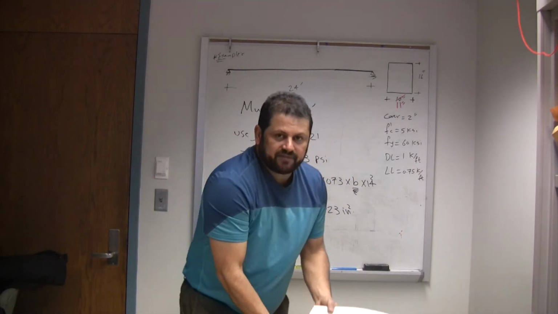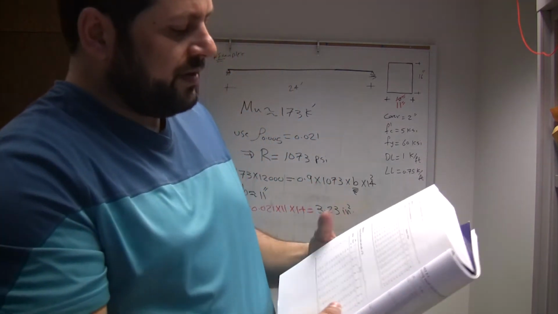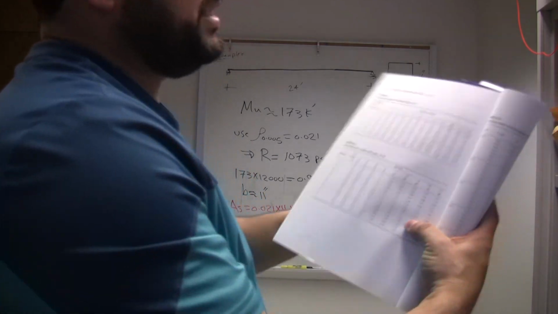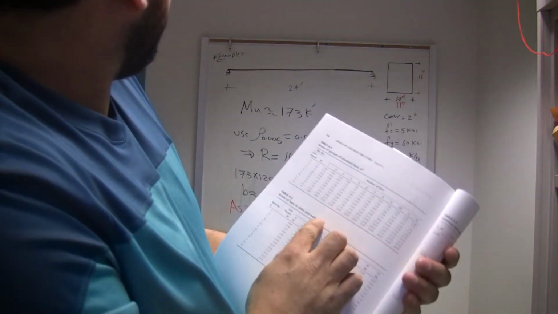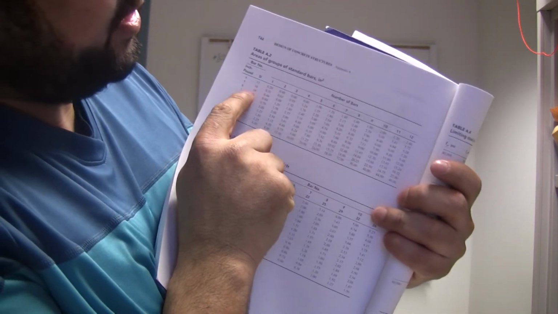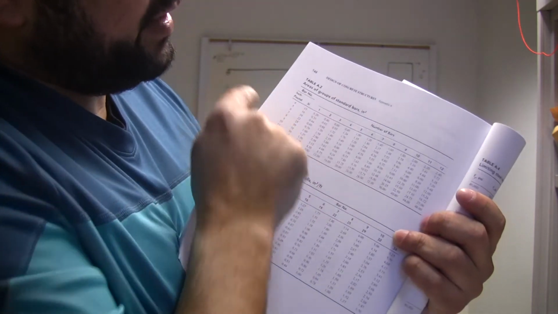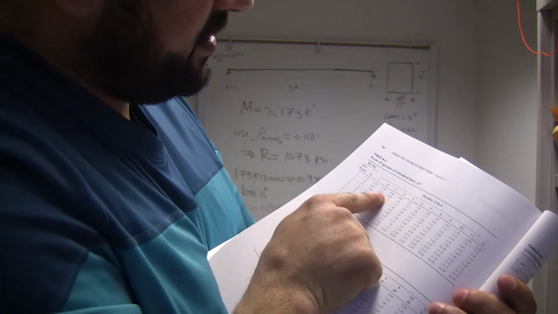So you go to the table, the first table, the steel table. You're looking for 3.23. We're looking for a combination of how many bars of any size that will give me that number, like 3.23.